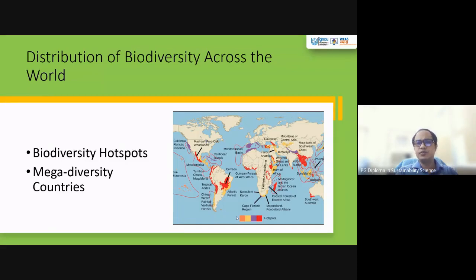Then, what we are able to understand so far in today's session is, first, we had a quick look into the concept of biodiversity and its different levels, and now we know that biodiversity is being lost every day, and it's quite alarming if you look into the rate of loss of biodiversity due to human intervention, right? Then how biodiversity is distributed across the world.